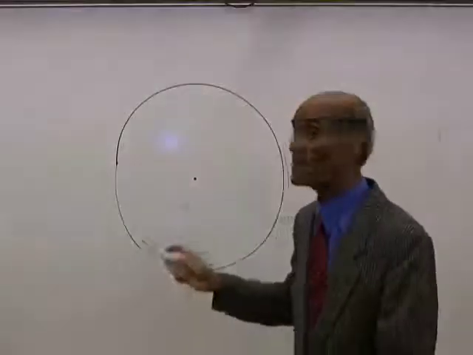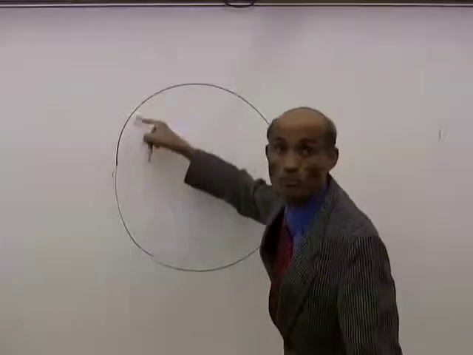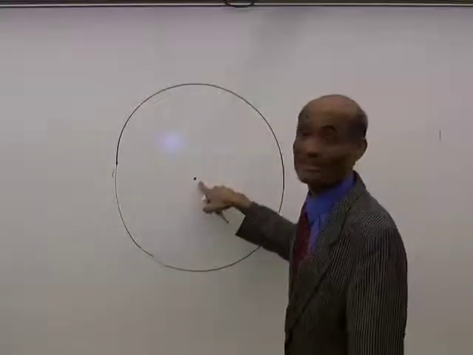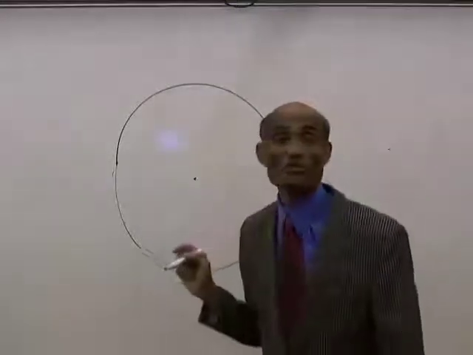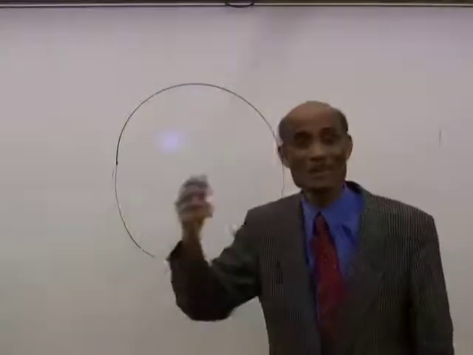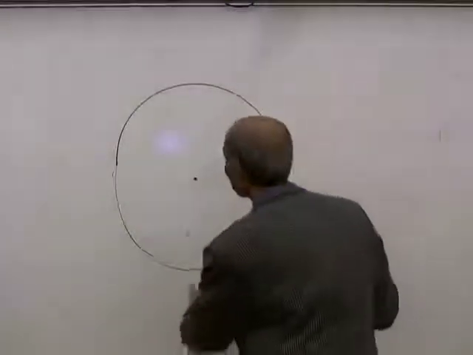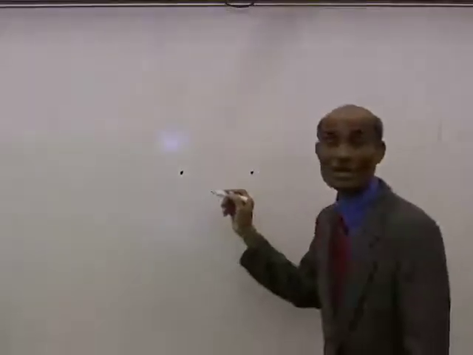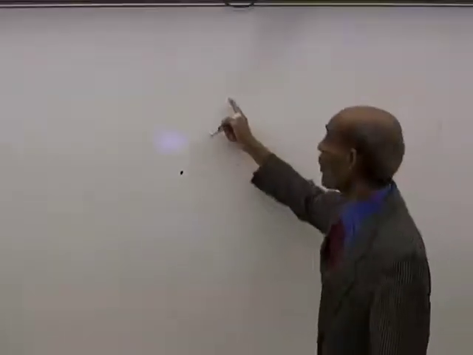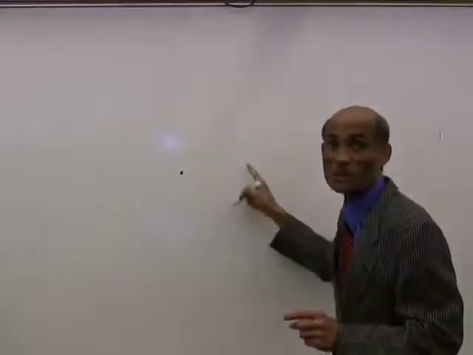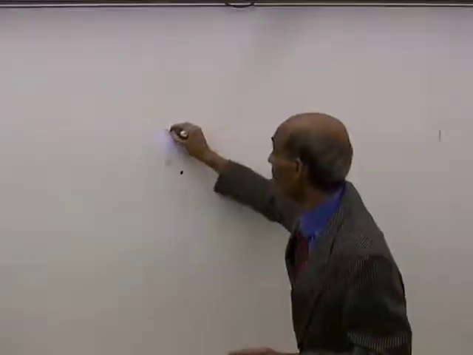So, a circle is made up of a set of points that are equidistant from a single point. And that distance we call the radius of the circle, and that single point is called the center of the circle. What is an ellipse? In the case of an ellipse, we have 2 points. And if you can now locate the set of all points such that the sum of the distances from these 2 points are the same.